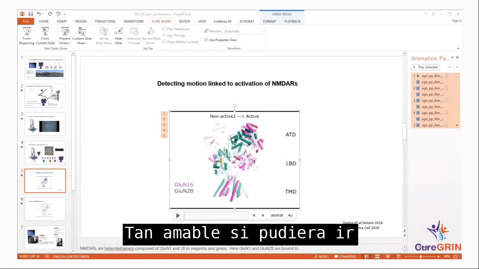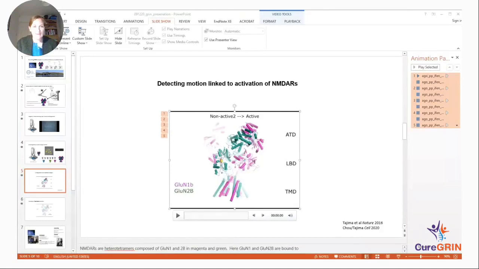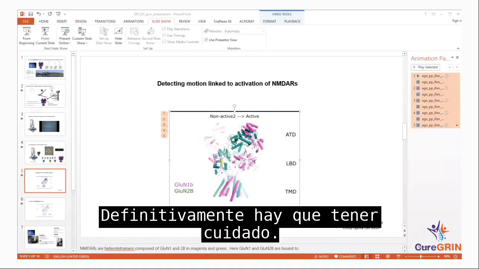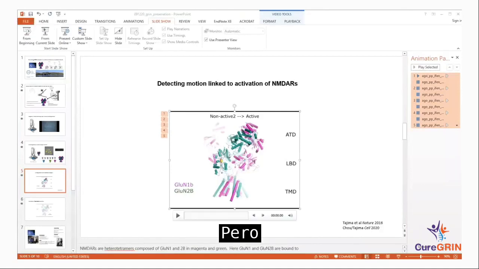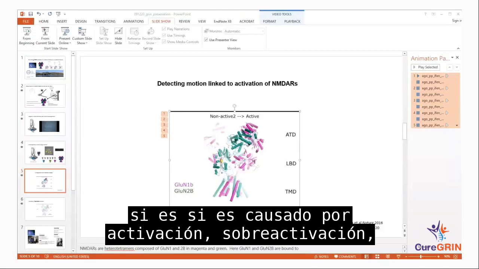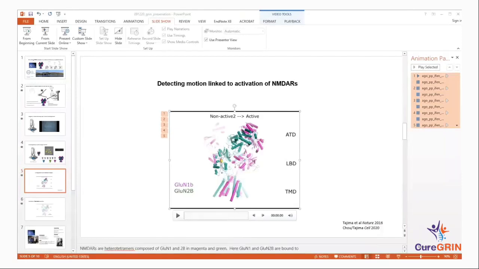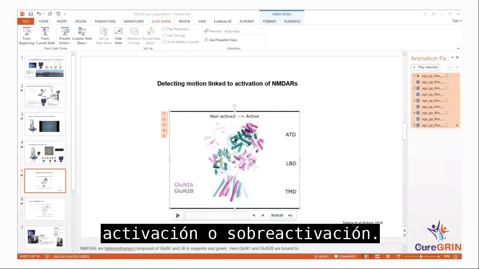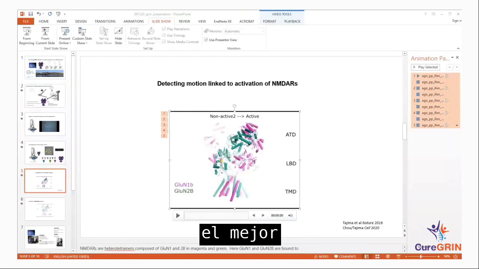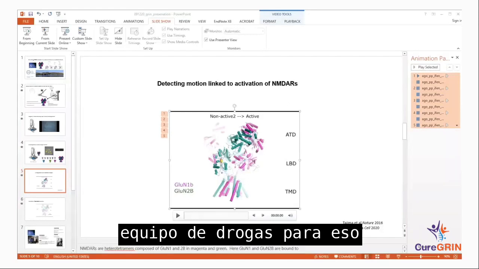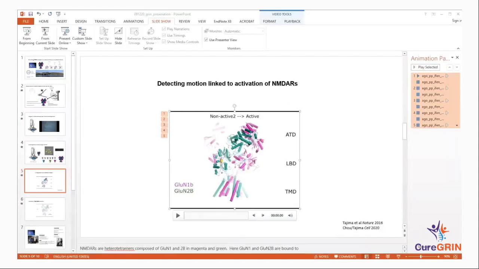So, we definitely have to be careful, but if we know that this particular mutation is causing activation or overactivation, I think the best drug right now is to use memantine.